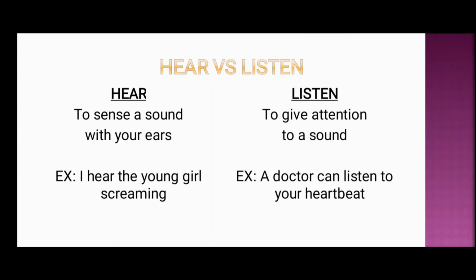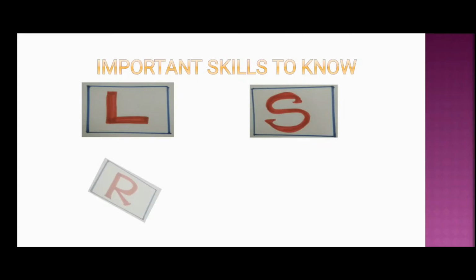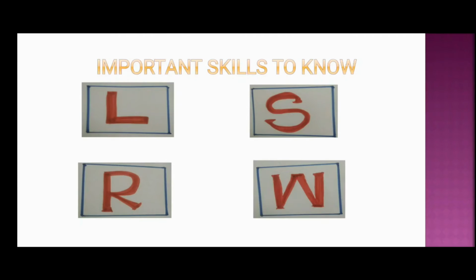Good. Children, here are some important skills that you have to know. They are L, S, R, and W, which means L means listening, S means speaking, R means reading, and W means writing.